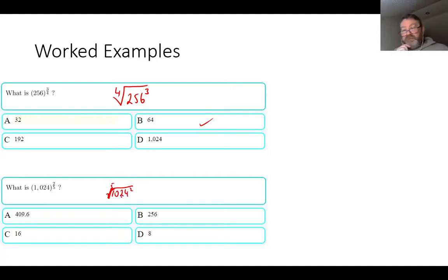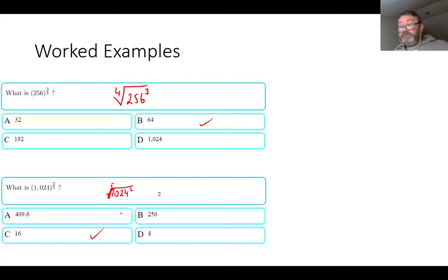So you only look at the bottom number of the fraction that's in the power, because that will tell you what root to use. And you leave the numerator of the fraction with the base number. And again, your calculator will tell you quite quickly that if you put in the fifth root of 1024 squared, the answer there comes out as 16.